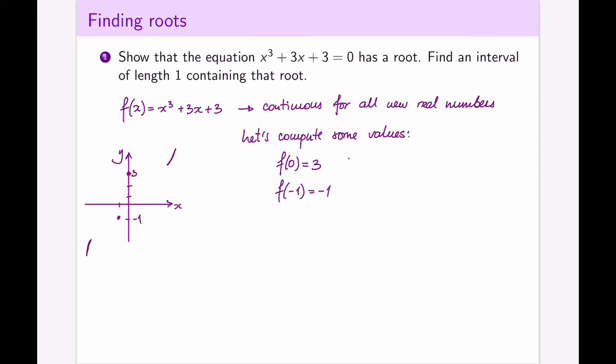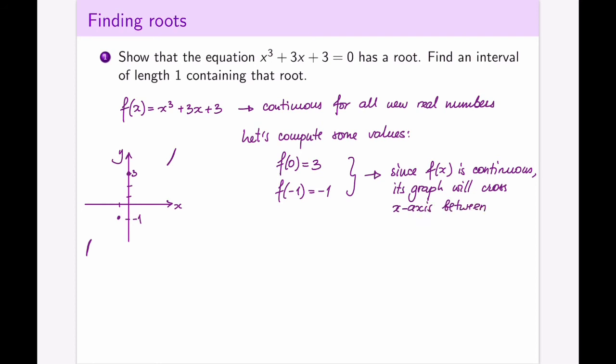So this alone gives us the conclusion that since f of x is continuous, and this is very important, because if it was discontinuous, it could actually jump over the x-axis, its graph will cross the x-axis between those 2 points, so between -1 and 0.